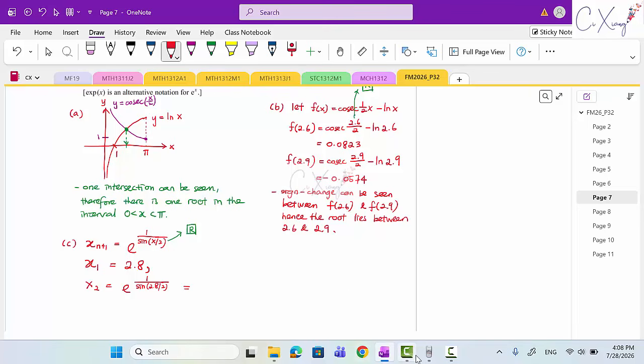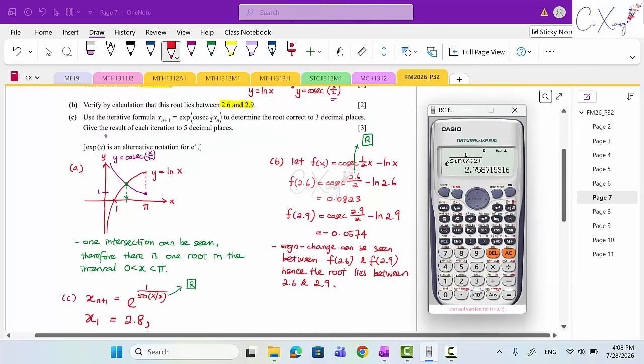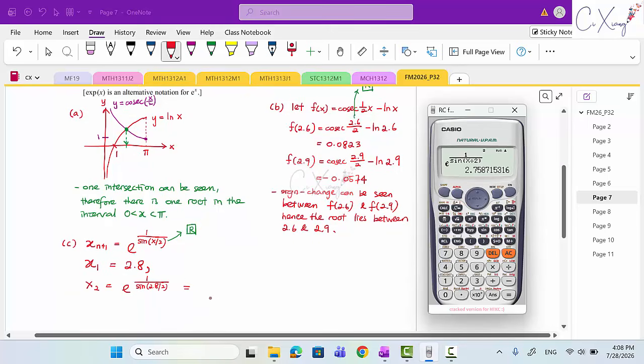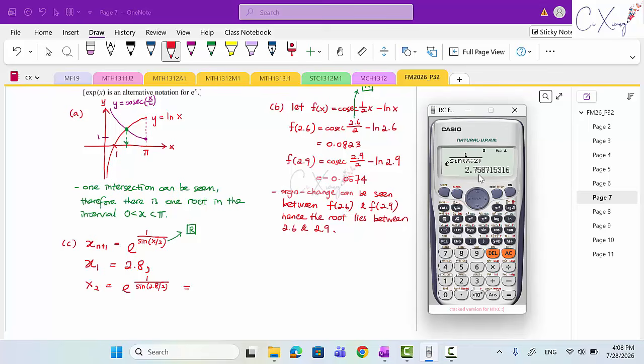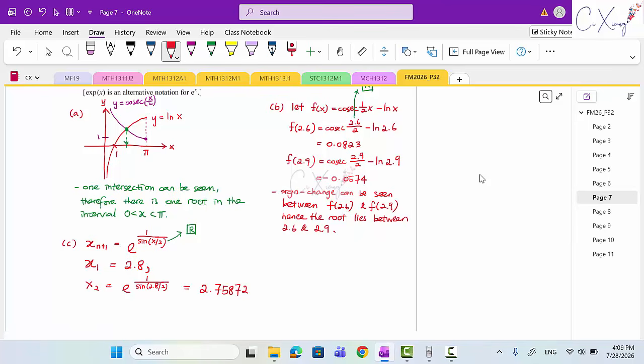In my calculator, you just press calculate, then key in the value for x, which should be 2.8. Then you press equal sign. This is the second value, x2, that you should get from your calculator. According to our question, they are saying each iteration to 5 decimal places. So my iteration should be 2.75872, correct to 5 decimal places.